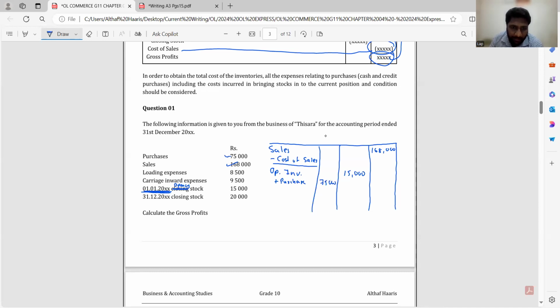Then loading expenses are there. Loading expense 8,500. Carriage inwards 9,500.